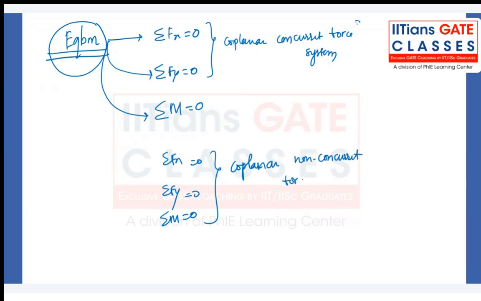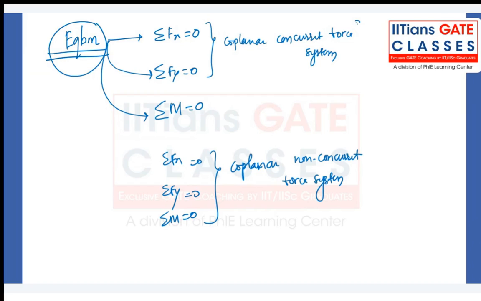I hope now you got the idea why we studied this force system before, so that from the next class, whenever we solve questions, we'll be able to know which equations of equilibrium you have to apply. We are at the end of the session, and as I said, this was just an introductory session to let you know the basics you need in order to study these subjects in detail.